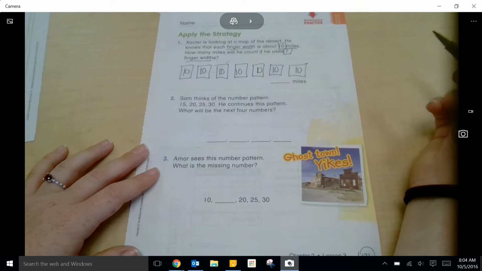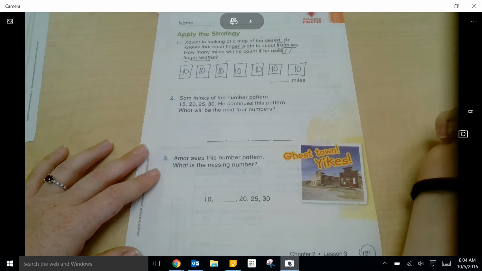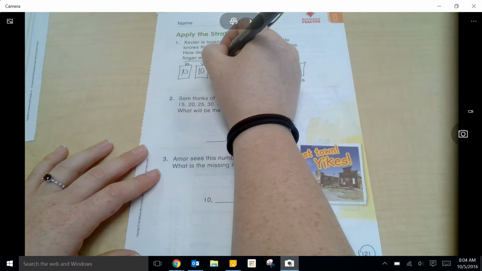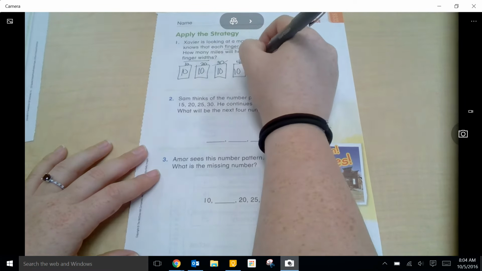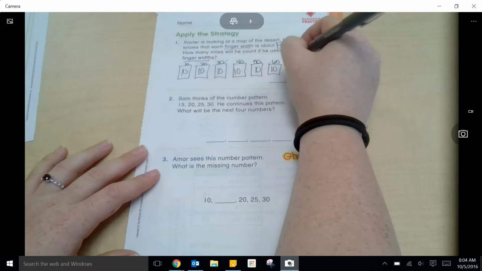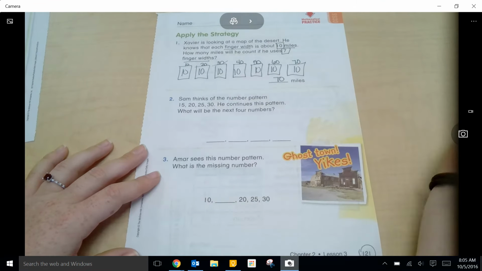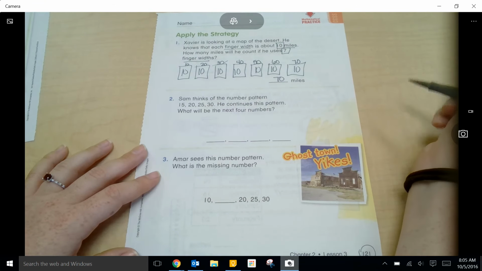Now I just have to figure out how many miles that is all together by skip counting. 10, 20, 30, 40, 50. How many miles is it? 70 miles.